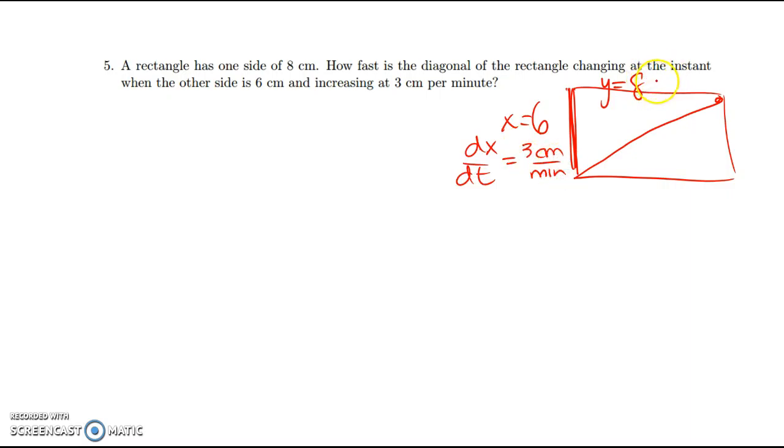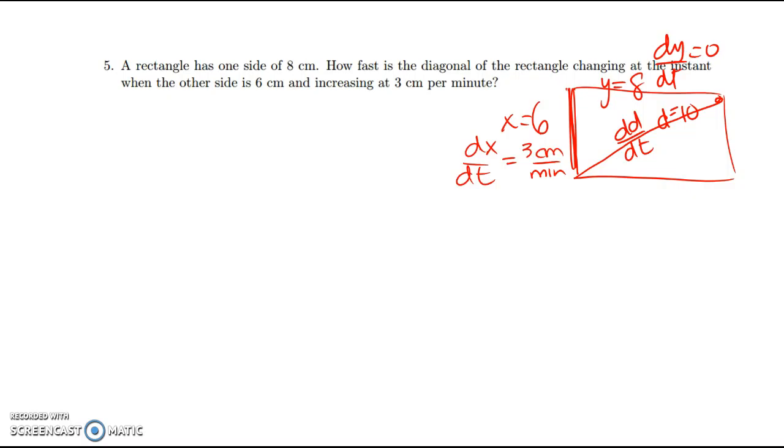This y is not changing. They're not telling us it is, so dy dt equals 0. What they want to know is the diagonal, dd dt. What we do know if we use the Pythagorean theorem is that d is 10.